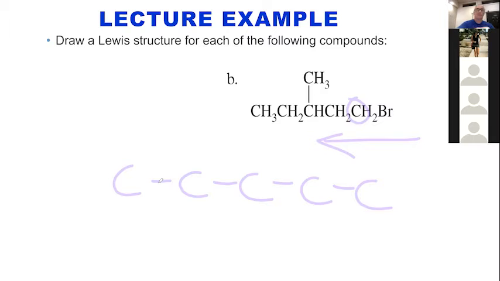So there's a bromine on carbon 1. And who else has a substituent? Carbon 3. So 1, 2, there's 3. Carbon 3 has a methyl group. And then the rest, you just fill in the hydrogens.